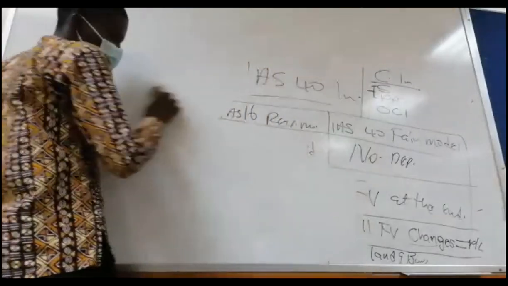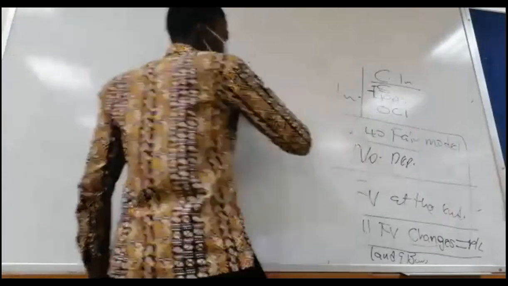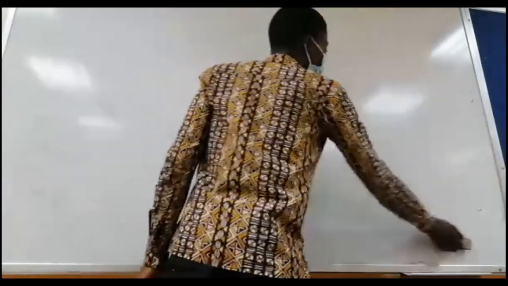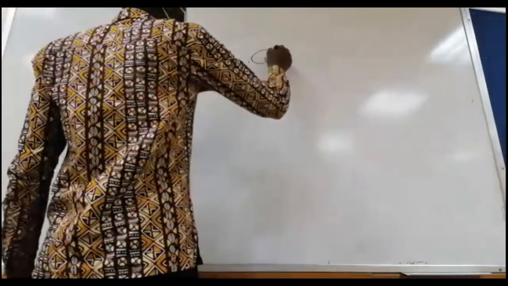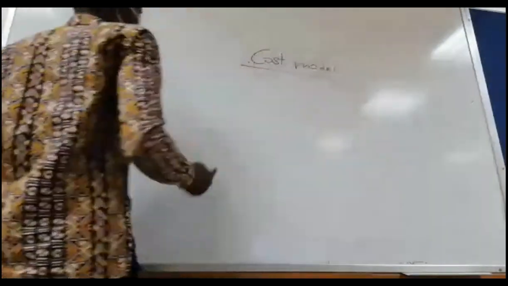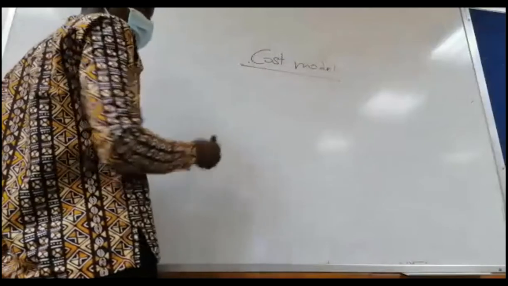It is the cost of the asset, less the scrap value, and you divide it by what? The estimated useful life or the rates. So first, under the cost model, tell the examiner that the asset will be depreciated.